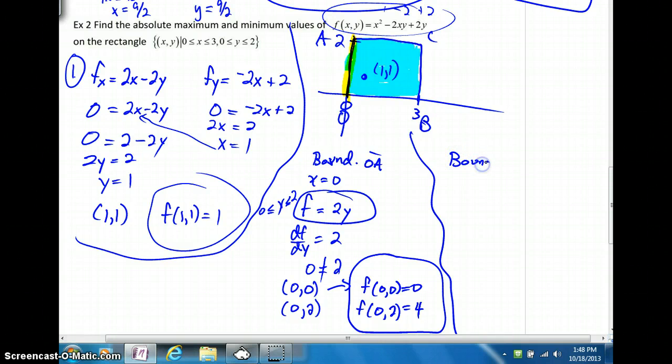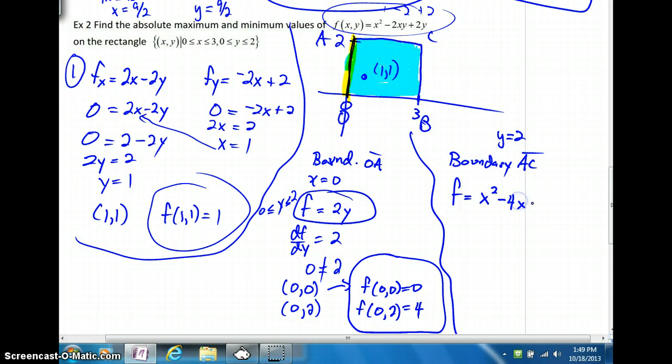Well, perhaps you'd like to investigate what's happening at AC. What happens when we have AC? At AC, that's the line y equals 2. So plug in y equals 2 into your function.